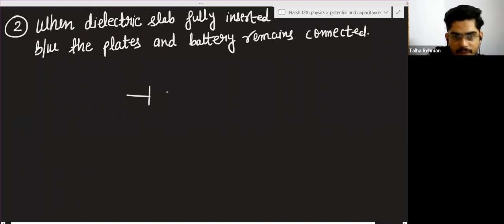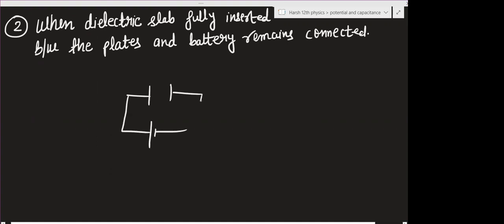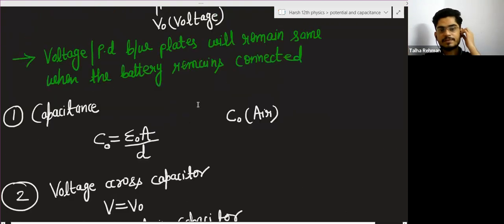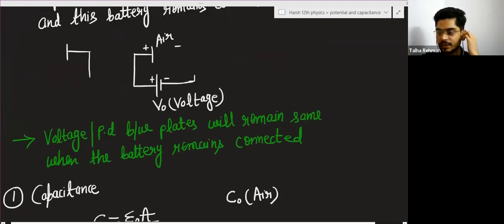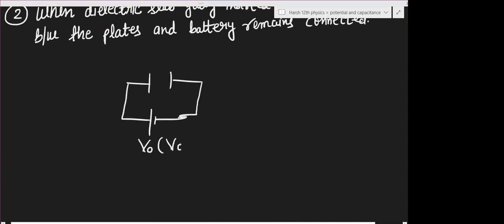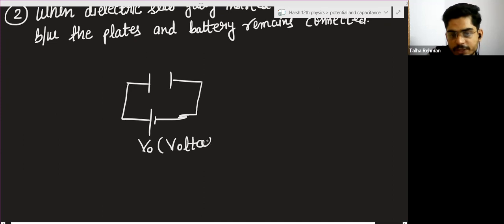So this time the capacitor is connected with the battery, the same battery. This battery has the voltage V0. Voltage is also called potential difference.